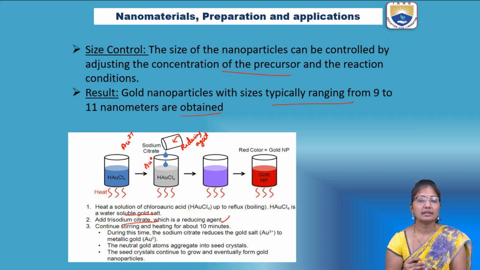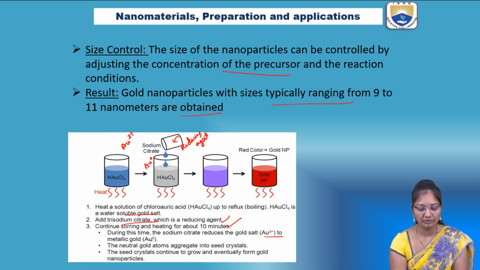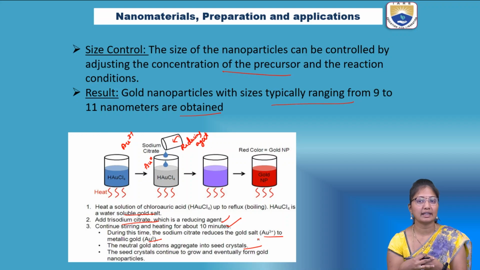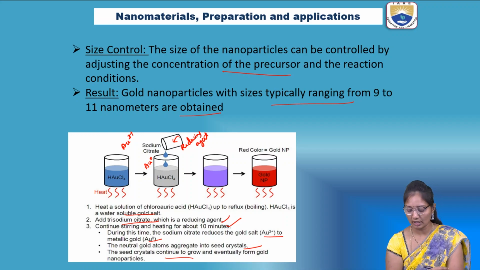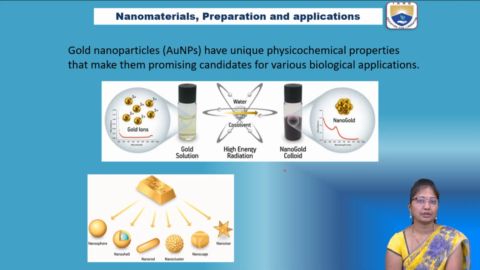Then there is continuous heating and stirring for about 10 minutes. In this time the plus 3 ions are converted into Au0. The neutral gold atoms aggregate. First they collide and form aggregates into some seed-like crystals. The crystals continue to grow and eventually form these gold nanoparticles, and this red color solution is the gold nanoparticle solution.